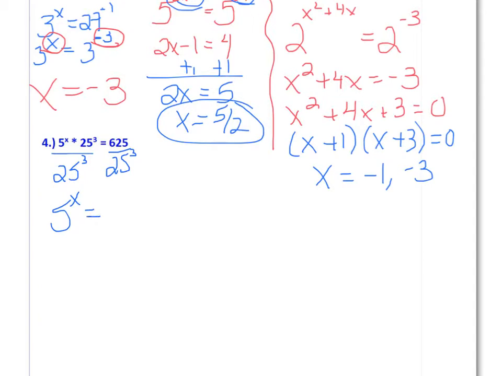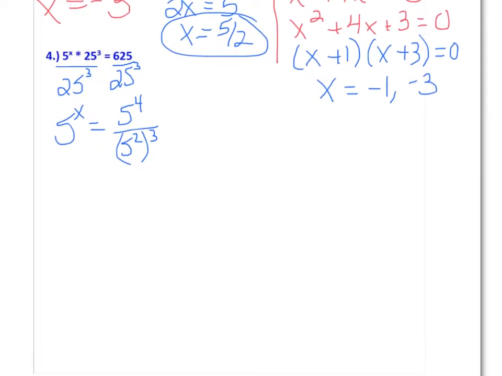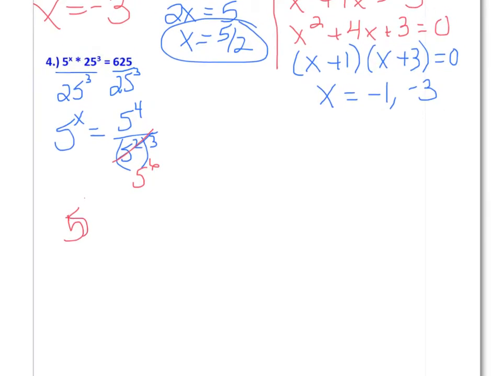Now, we don't have a calculator, so 625 I know is 5 to the fourth, and 25 is 5 squared to the third. So then simplifying this denominator, that's 5 to the sixth. So we have 5 to the x, and then we're going to subtract our exponents, that's 5 to the negative 2, so x is negative 2.